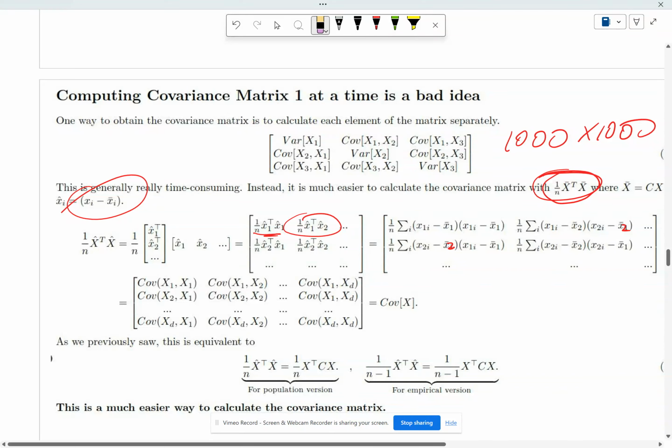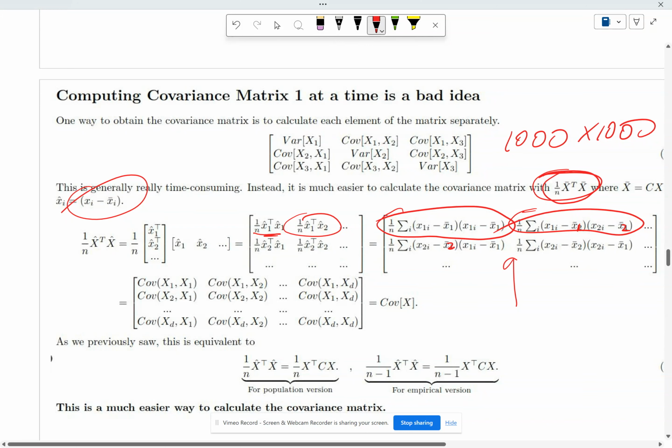But in any case, you'll end up getting a form that looks kind of like this. And guess what? This right here is exactly the same as the variance, the covariance between 1 and 1, and this right here is the covariance between 1 and 2. This should be 1 here. I think there are some typos, but you get the point.